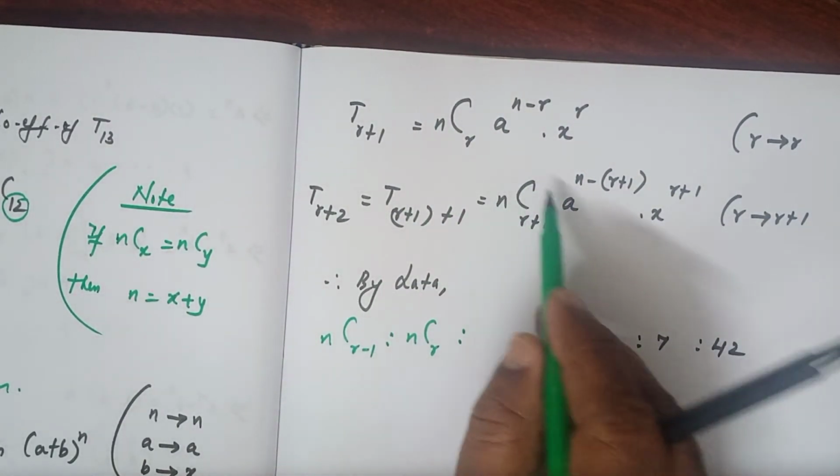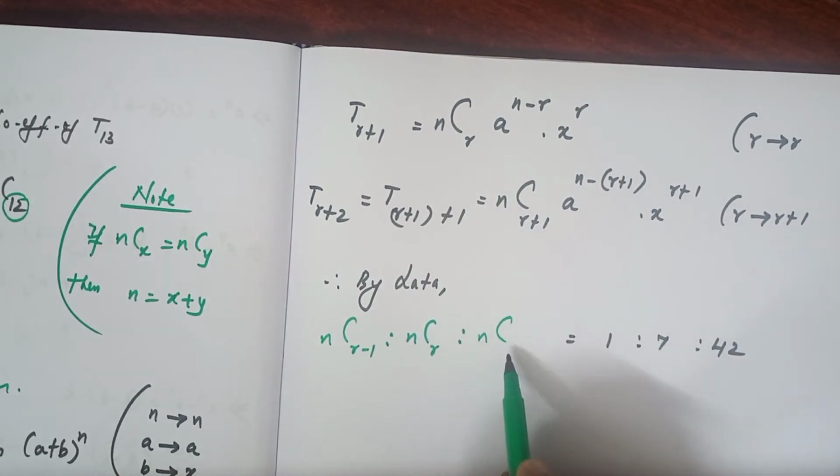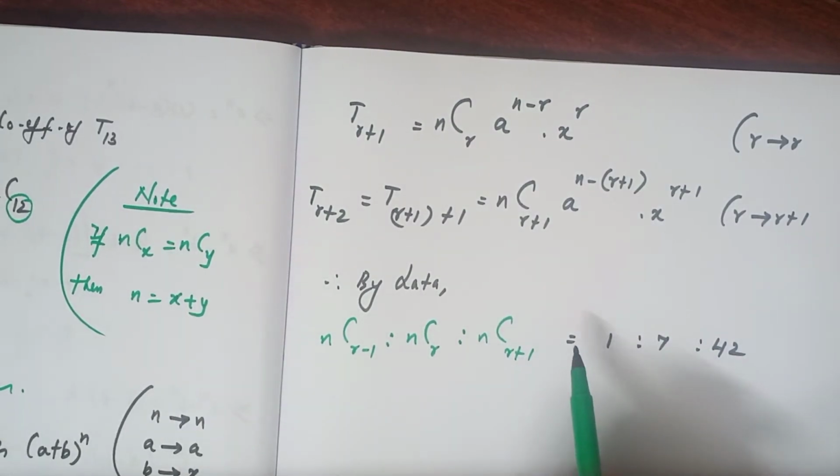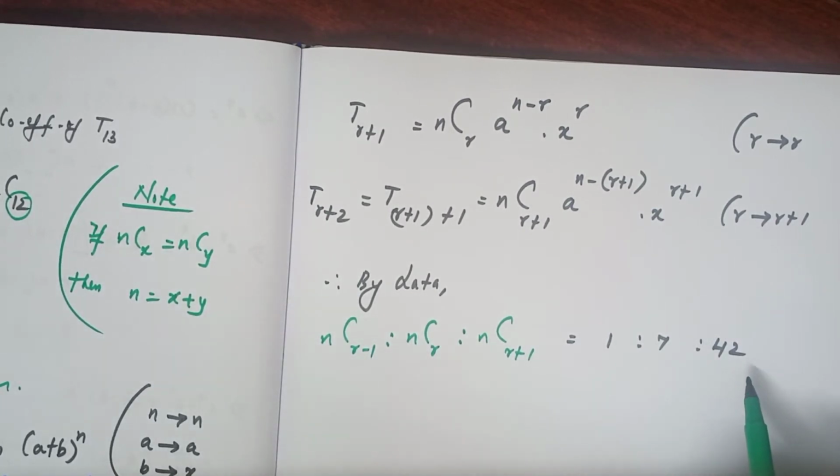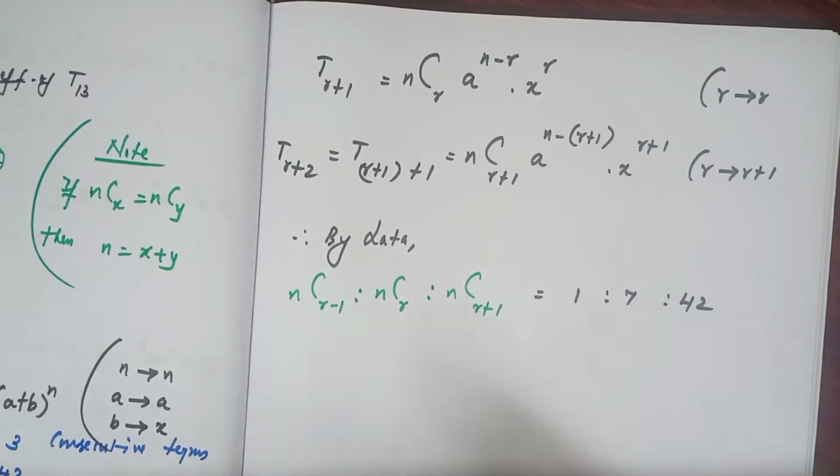Next term coefficient is nC(r+1). These are the coefficients whose ratio is 1 is to 7 is to 42. From this you have to find the value of n. How to find? Listen carefully.